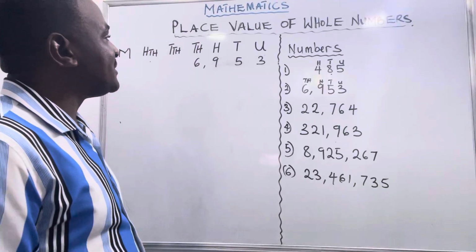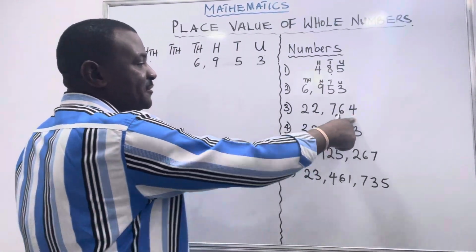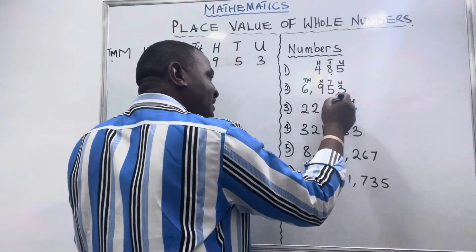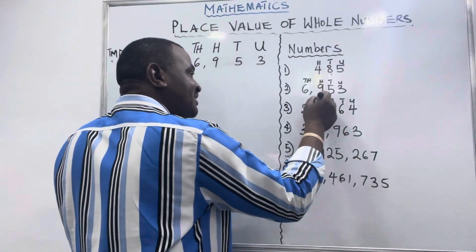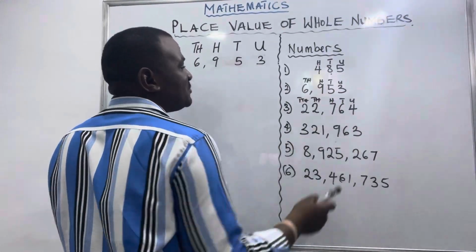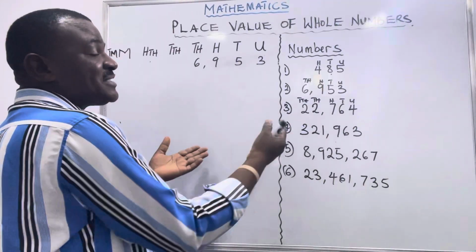I'm not going to pen it now. Now this is 22,764. Always start from the right. Unit, tens, 100, 1,000, 10,000. So you have double 2 here.